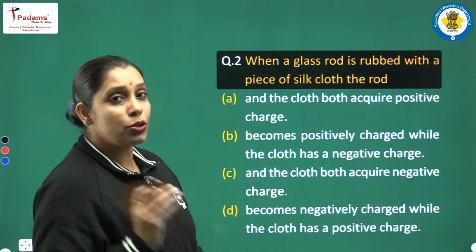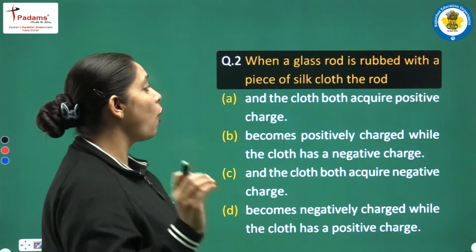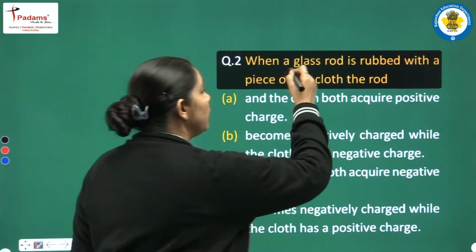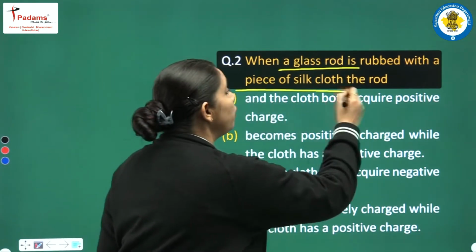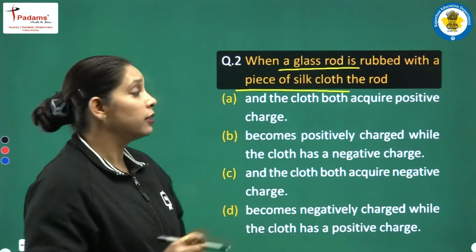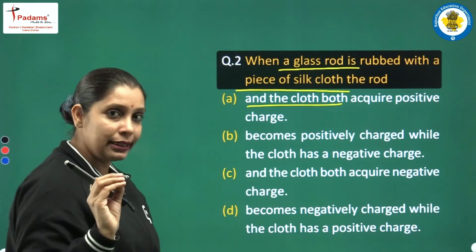When a glass rod is rubbed with a piece of silk cloth, ठीक है, हम ग्लास रॉड को रब कर रहे हैं a piece of silk cloth, then the rod and the cloth both acquire positive charge.